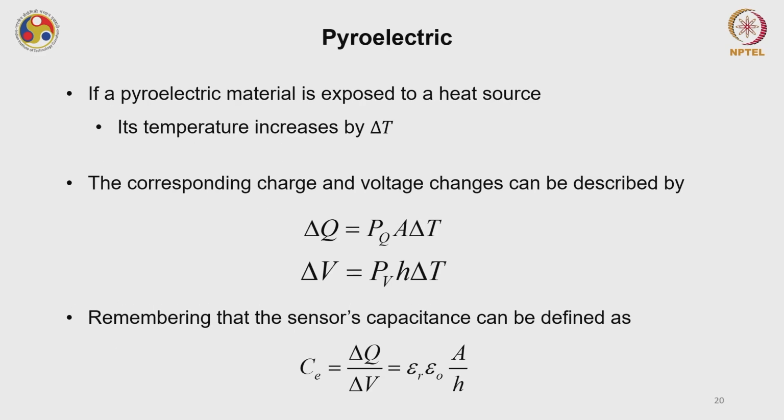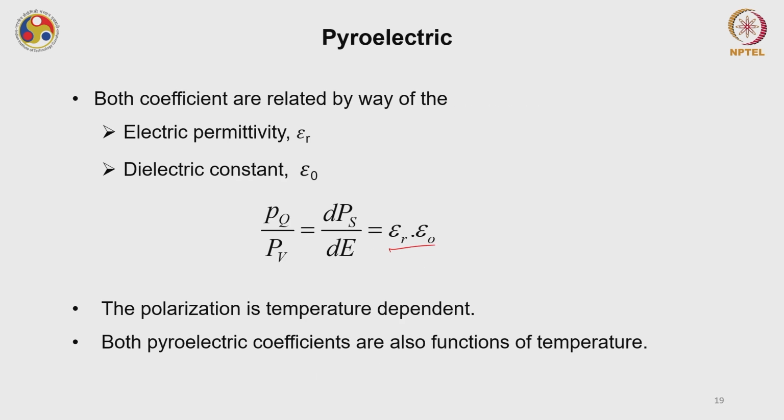If a pyroelectric material is exposed to a heat source, its temperature increases, say, by del T. The corresponding charge and voltage change can be described as del Q is equal to PQ into A into del T, where del T is the change in temperature and A is the area. PQ, we have just seen, is the pyroelectric charge coefficient.